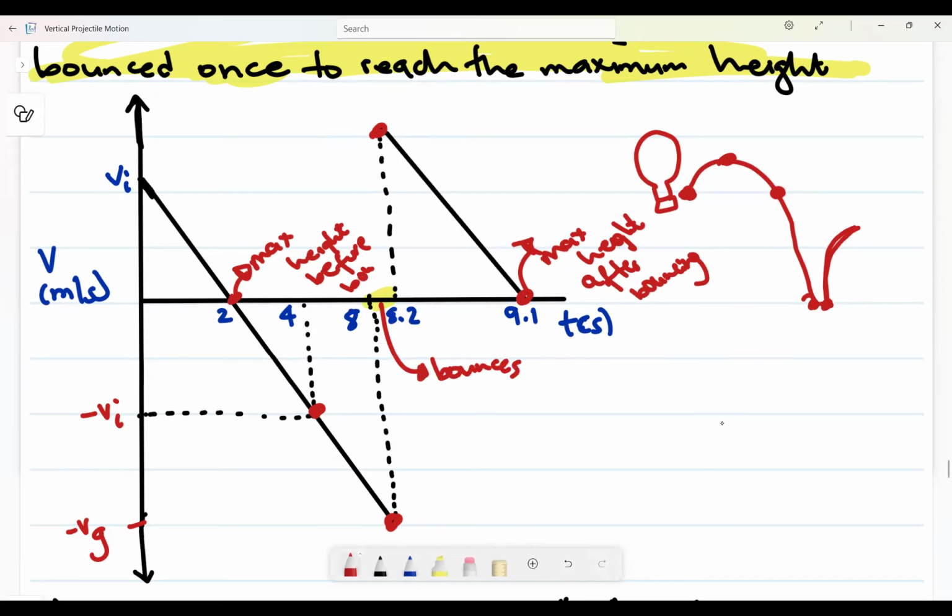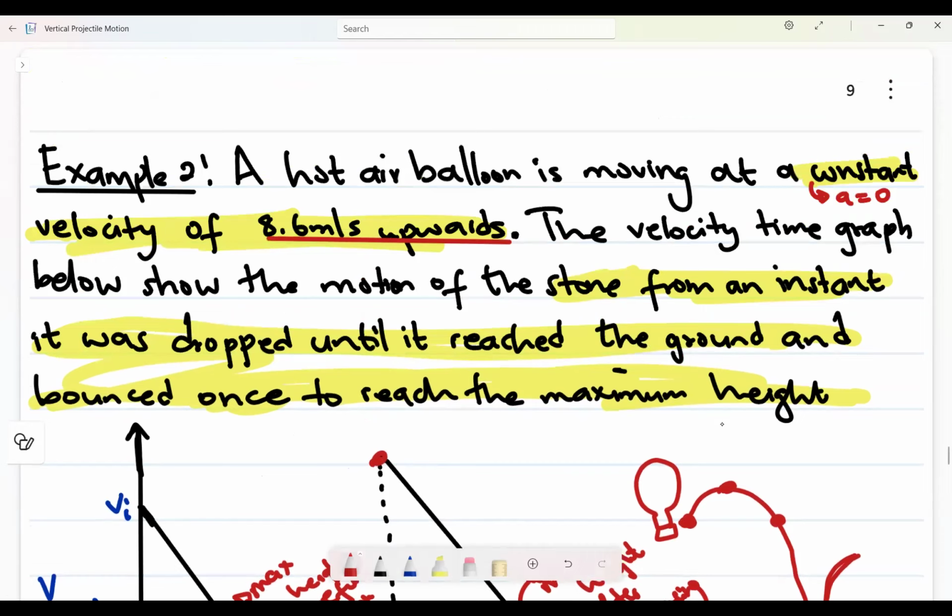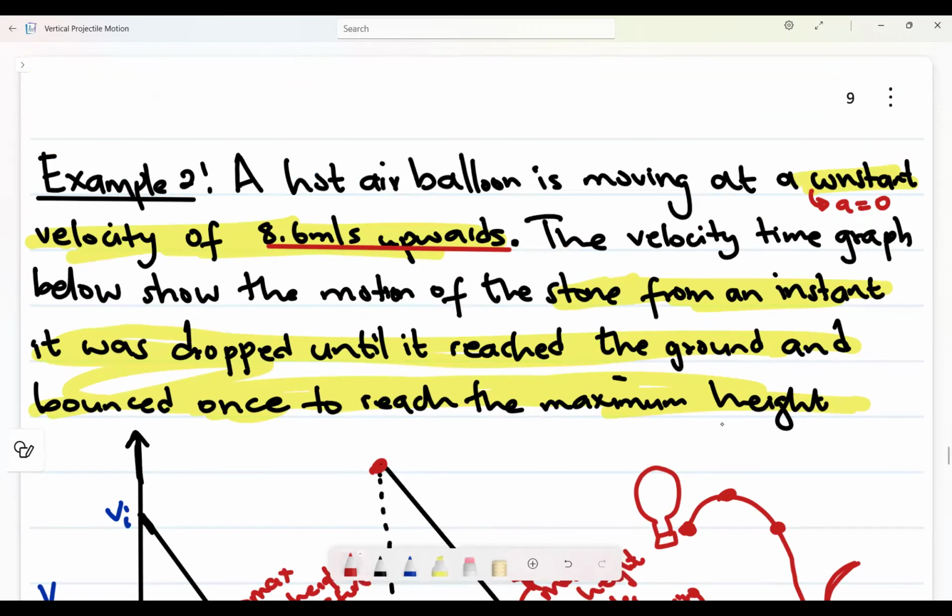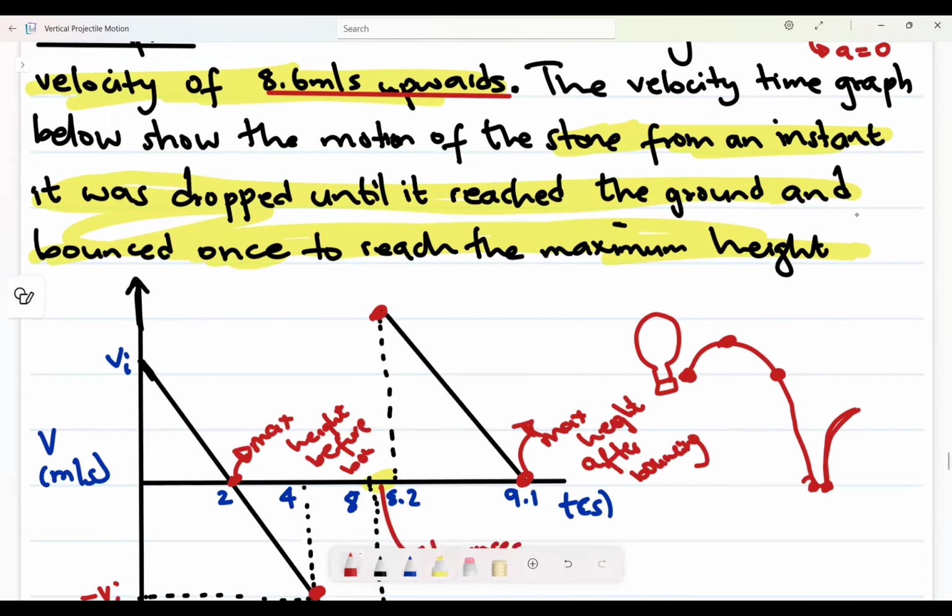Another thing happened. Remember I said when the object is dropped from the hot air balloon, due to inertia it still has the same speed of 8.6 meters per second that it was moving upwards with.